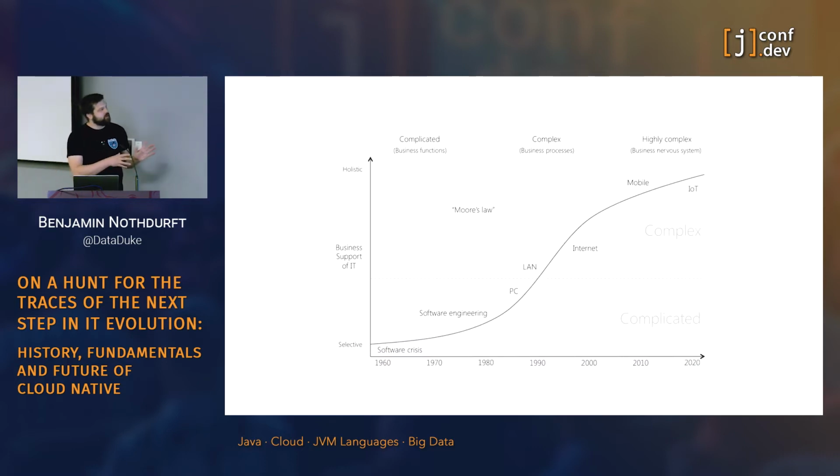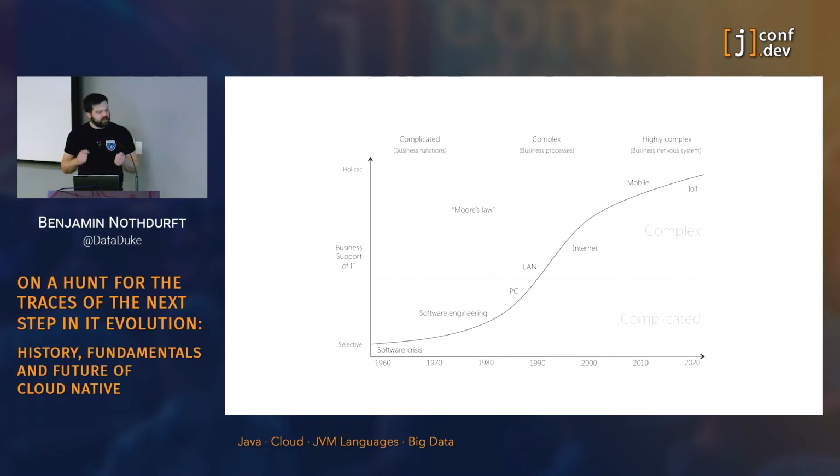When we look at software engineering layered on top of the whole industry, we see that things are now changing. It's getting more and more complex. You see that it scales horizontally and vertically.